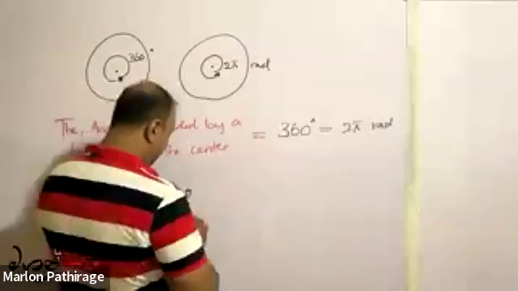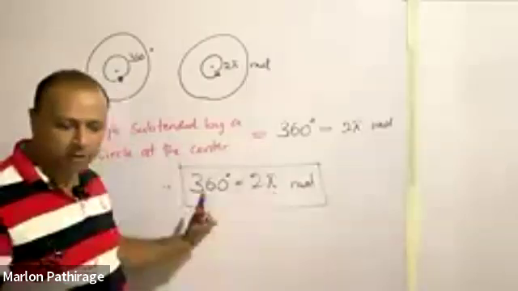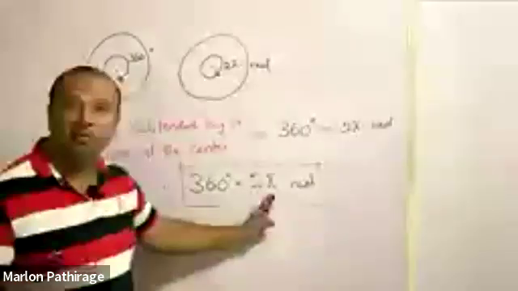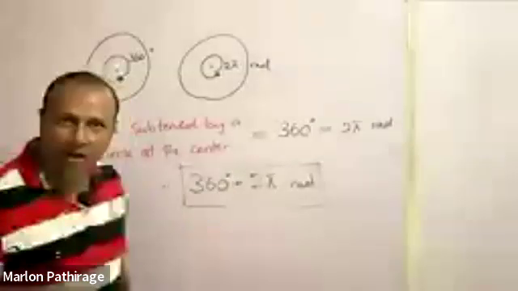Therefore, 360 degree is equal to 2π radian. We need it in terms of 1 radian and 1 degree. So if it is 1 radian, you have to divide both sides by 2π.